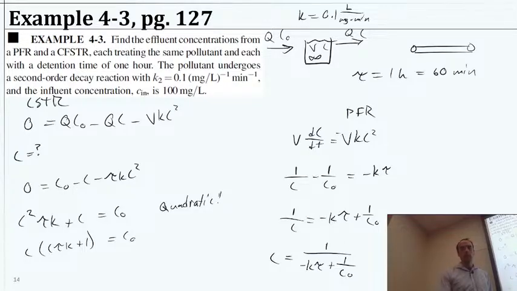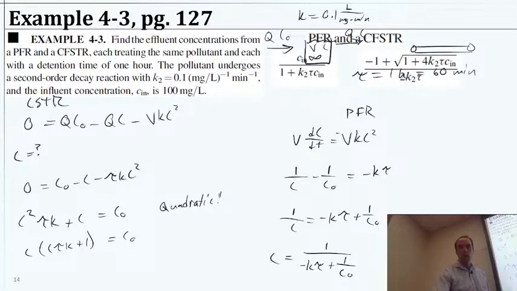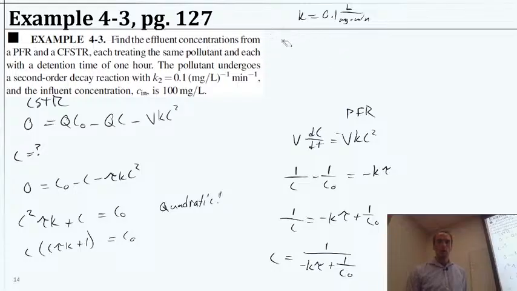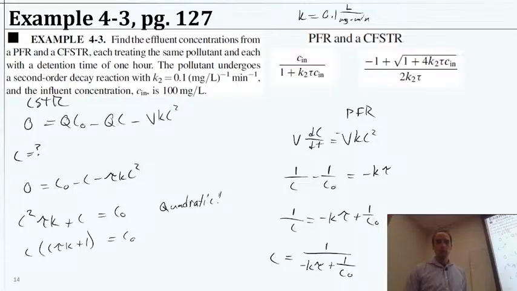Now the CSTR case, what's interesting is we end up with a quadratic equation. And so I think I've got the quadratic up there just behind all this. I'm just going to erase this, move it out of our way. Have the quadratic equation here to remind us how we might solve that.